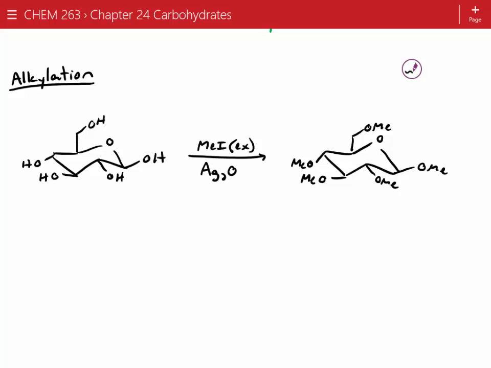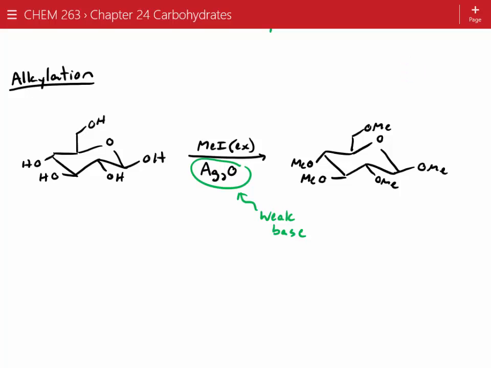We want to keep the stereochemistry here. If we do sodium hydroxide, we can actually scramble some stereochemistry. So in this case, we use a weak base. All right, so pretty simple SN2 reaction. Just treat with weak base, and you can alkylate all of those nucleophilic centers.